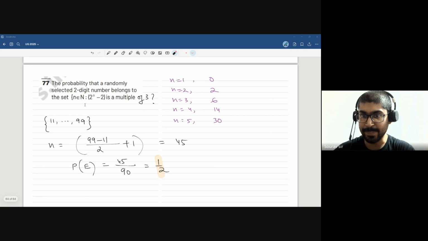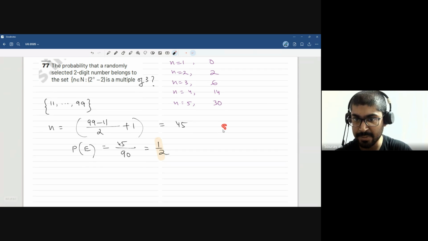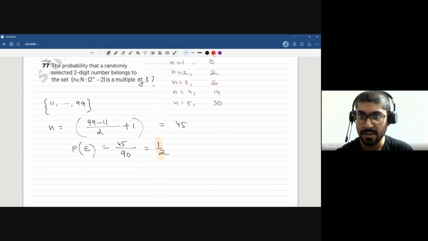So the sample space S will be 10 to 99. What is the sample space here? The sample space S is 10, 11, dot, dot, dot, 99, right?